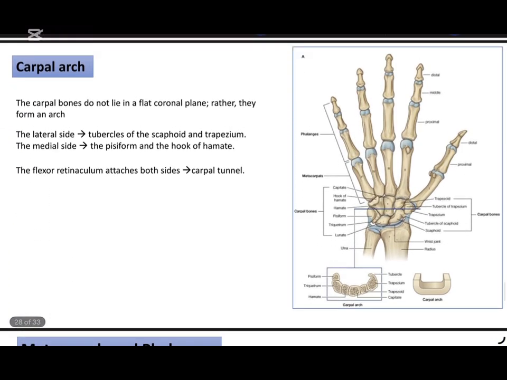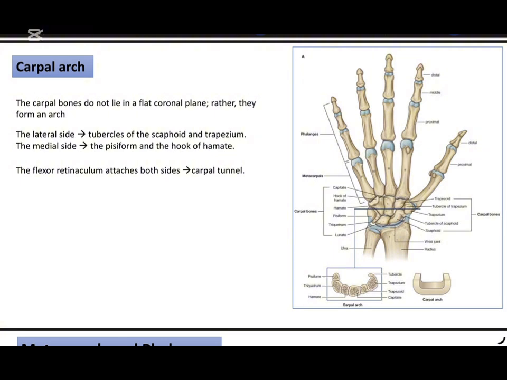Okay, now we have important area, we call it the carpal arch. كيف شكلت هاي الcarpal arch؟ إذا طلعت أنا على structure of the carpal bone بلاقي في عندي curvature like this. Plus we said here that the scaphoid, it has a tubercle, and we said the trapezium, it has a tubercle.